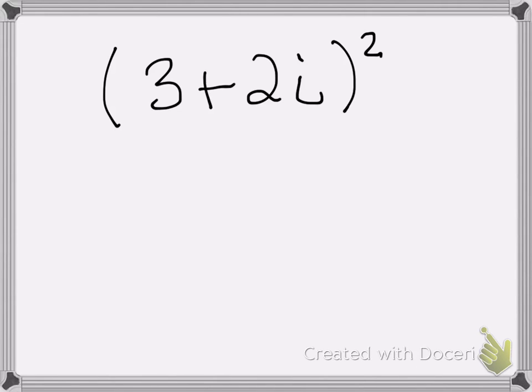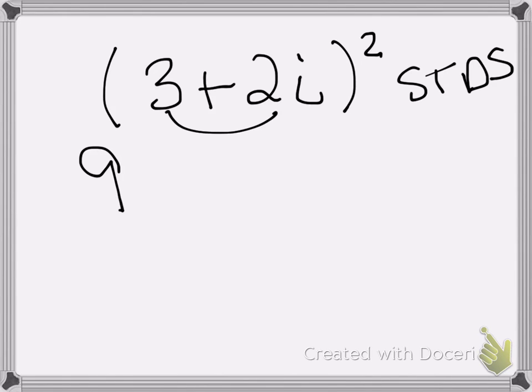Okay, now here's our favorite that hopefully everybody's good at. This is a binomial square, and you're not going to square each term. You're going to do square, together, double, square. Okay, so we square the first one, we get 9. Together is 6i, doubled is 12i. Okay, and then we square the 2i and get 4i squared.